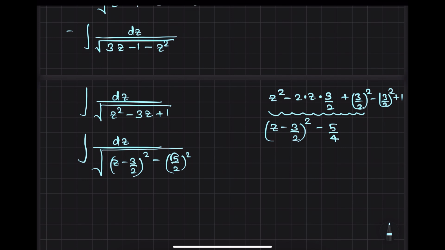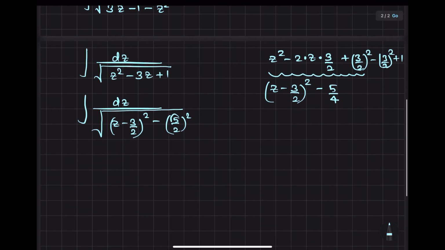So we will be using the direct formula. The formula was log of x plus the same component. So who is behaving like x over here? This thing.